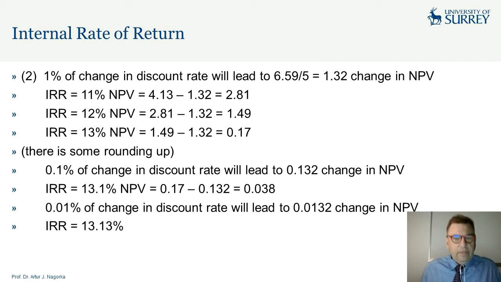NPV. In the next step, we will have some rounding up, but we are now trying to split this 0.17 into smaller fractions. If 1 percentage point corresponds to a 1.32 euro change of NPV, then 0.1% of change in discount rate, divided by 10, brings us to 0.132 change in NPV.